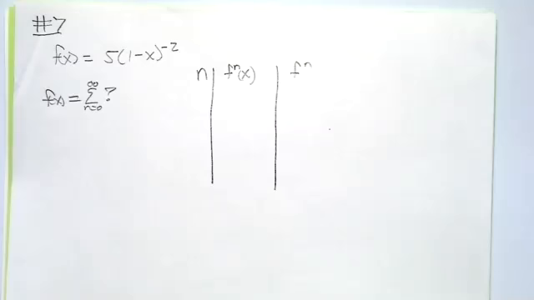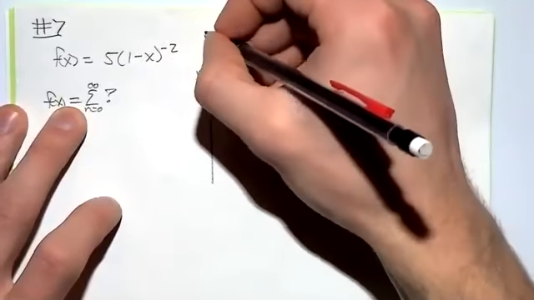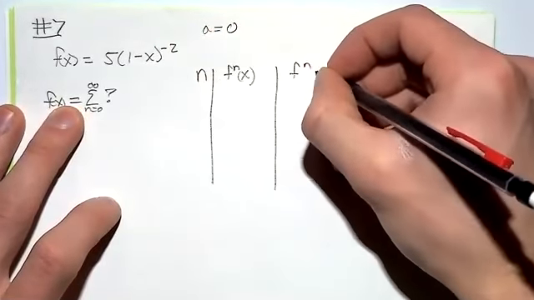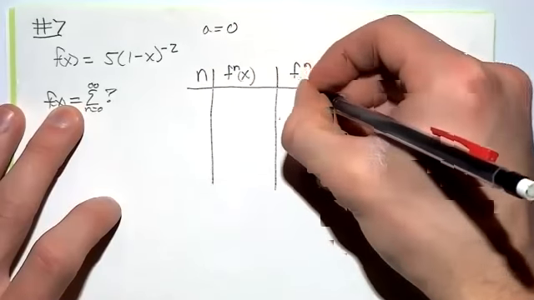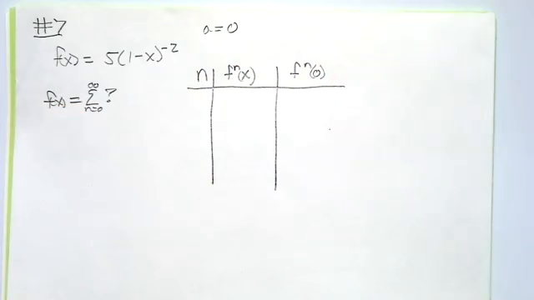Yep, okay. So find the Maclaurin series. So Taylor series, Maclaurin series is always centered at 0. So I'm going to write up here a equals 0, which means we're going to be plugging in f^(n) of 0. Maclaurin series is the Taylor series application, always centered at x equals 0. So that being said, let's go ahead and fill out this table.